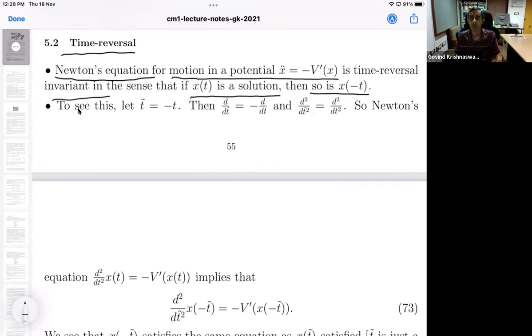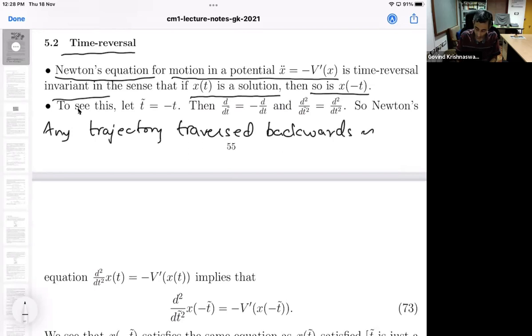That is what it means for Newton's equation to be time reversal invariant: any trajectory traversed backwards is also a trajectory.